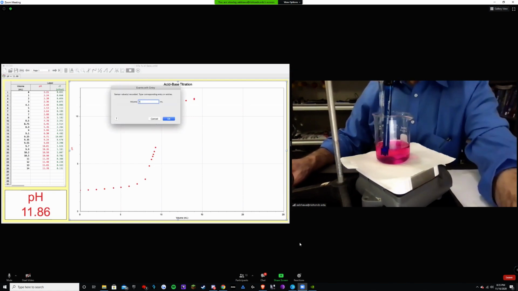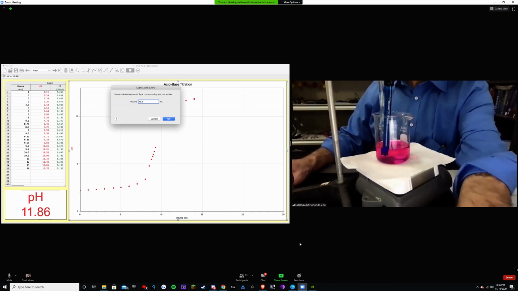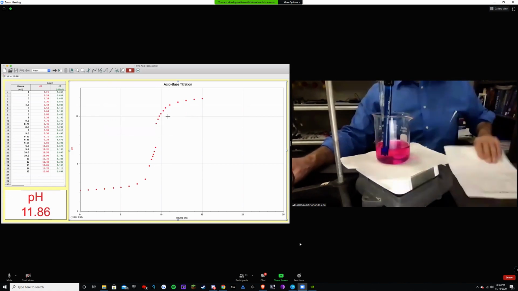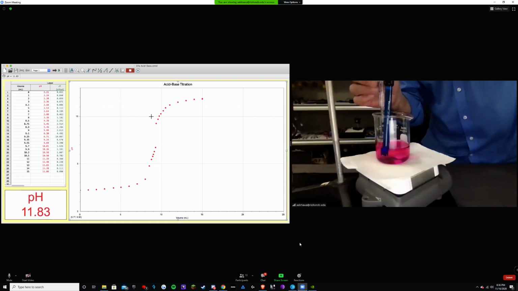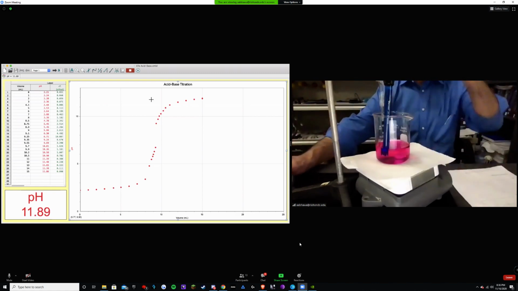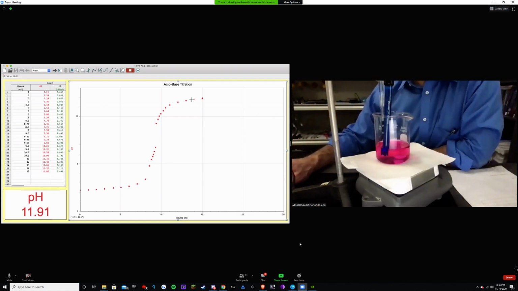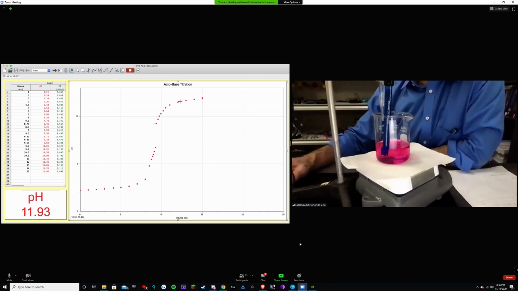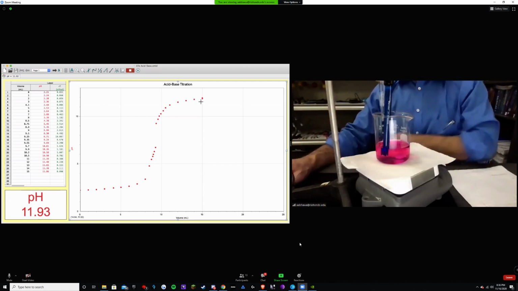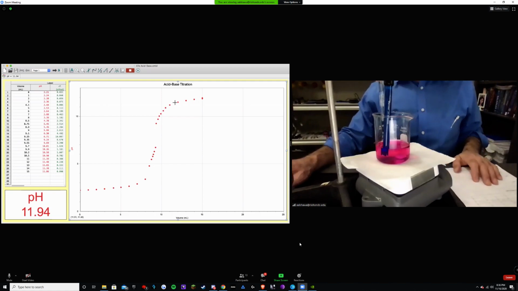So 15.0. Then I guess I can add 16. Noting how that straight line starts to develop, I can go a little bit quicker. So far I'm at 16 addition, and it's very stable. So this is 16.